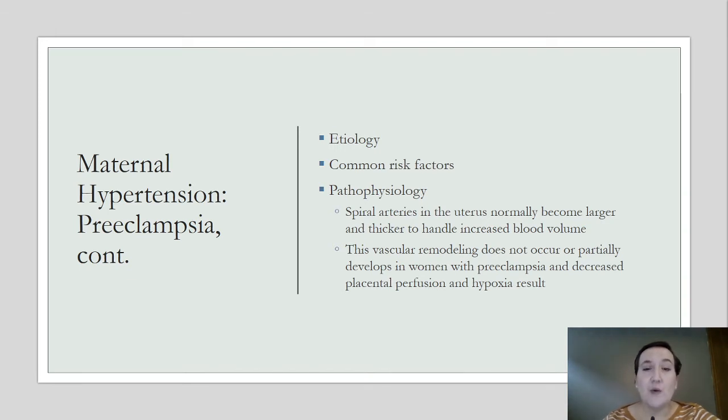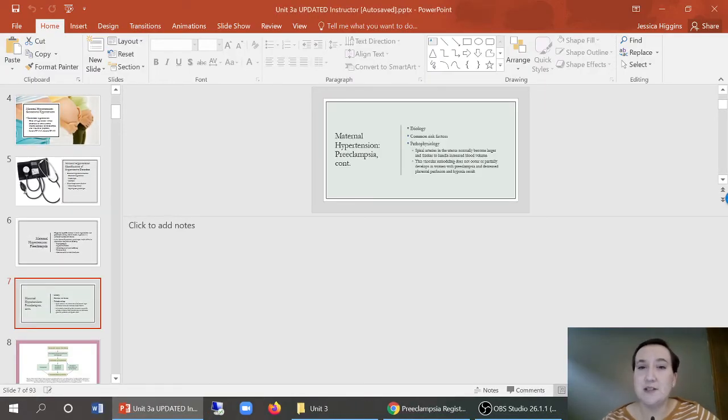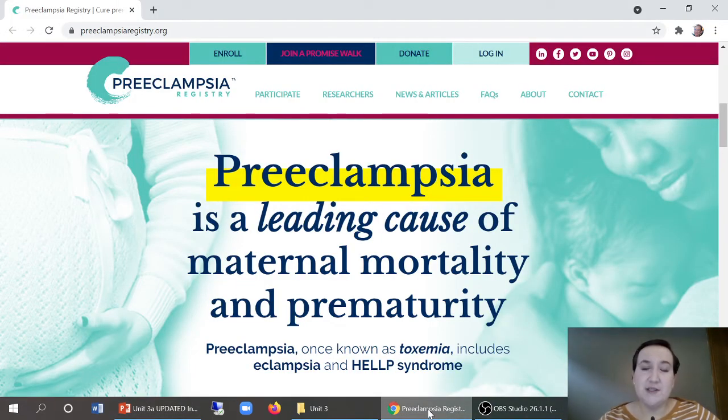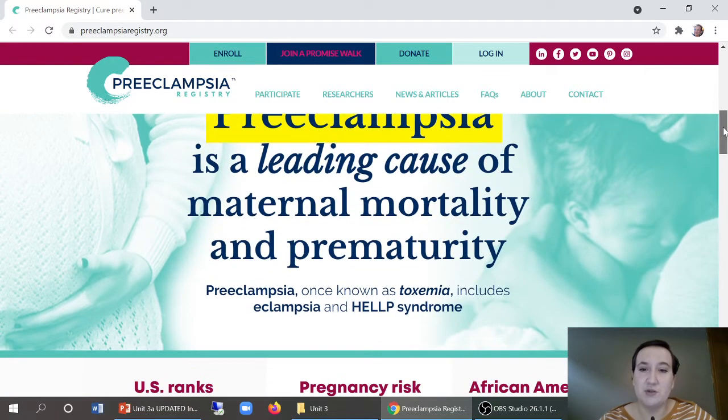However, what I can tell you is that there are some risk factors, and I'm going to escape my screen here really quick, and I would love to be able to show you. This is the preeclampsia registry, and what I loved most about this is the infographics, and this is on your to-do list for this week to explore if you so choose.